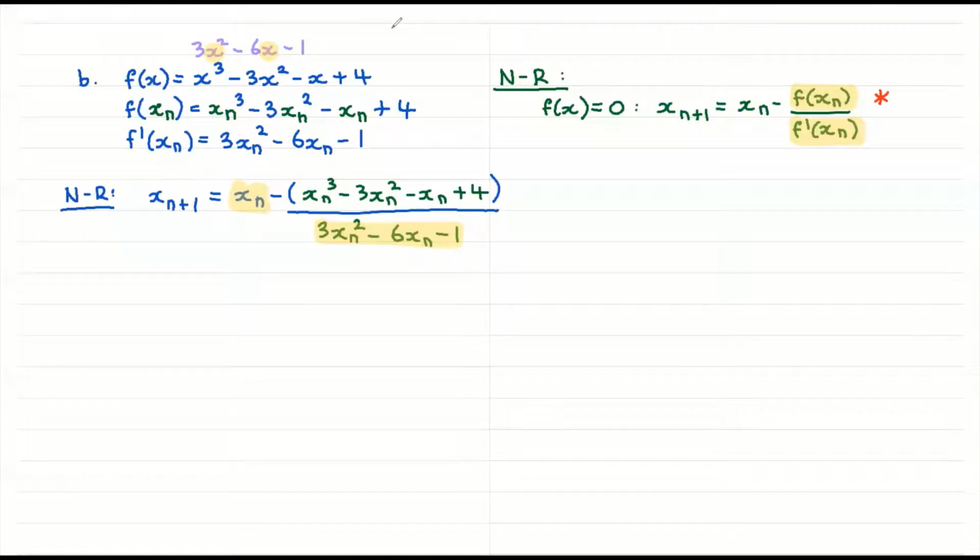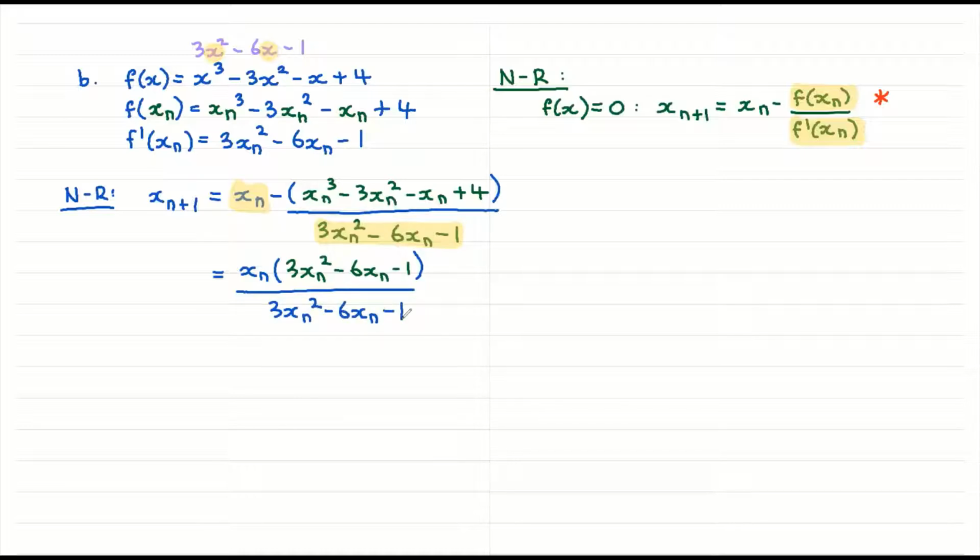So let's have a look. So let's do that. It's going to be xn multiplied by, we'll put it all in, 3xn squared, subtract 6xn, subtract 1. Okay, and that's going to be over 3xn squared, subtract 6xn, subtract 1.